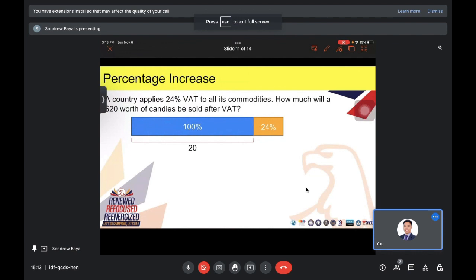So again, here we have seen that 100% is 20, the original price, and it is increased by 24%, which we do not know how much.